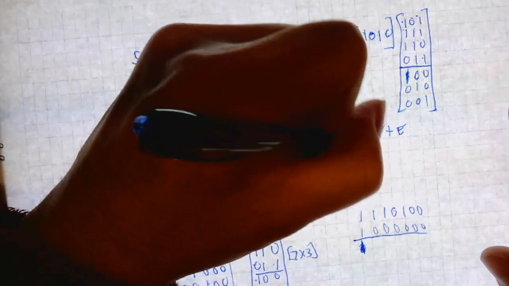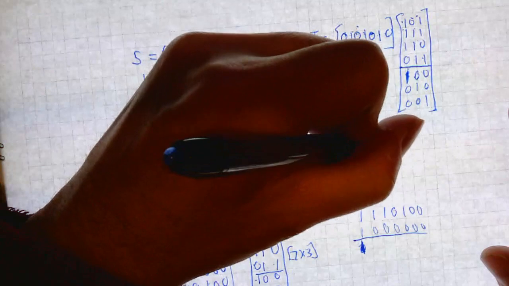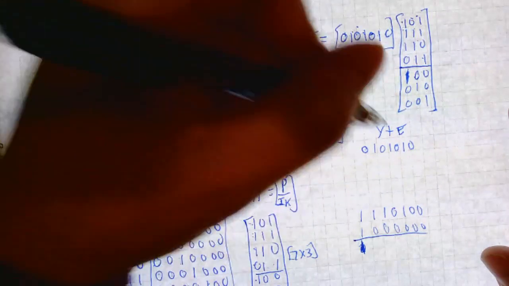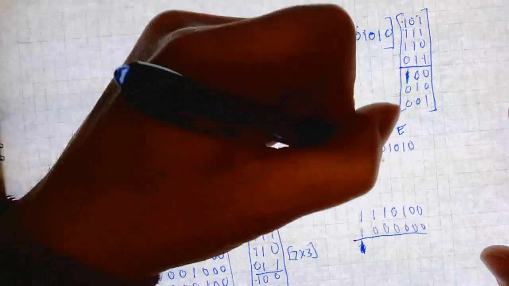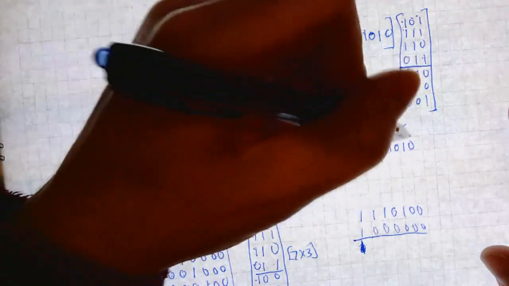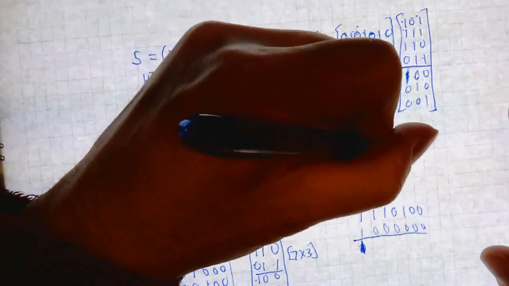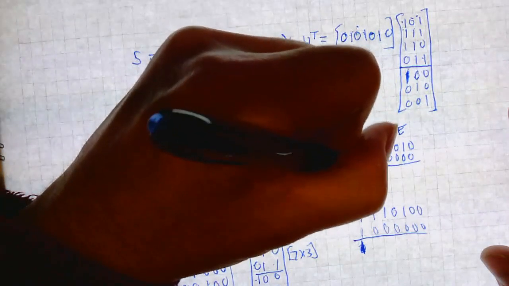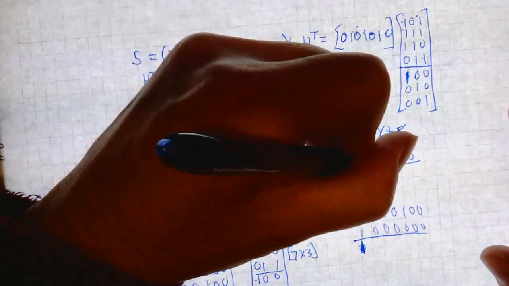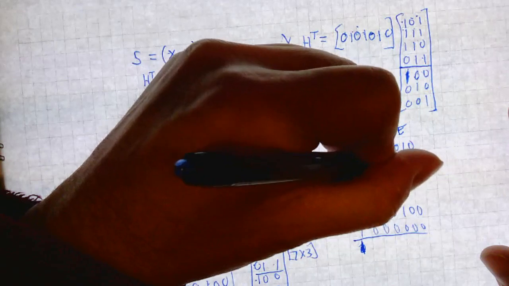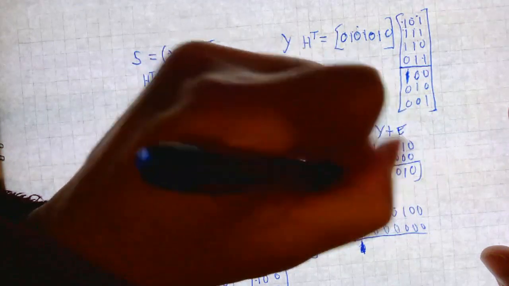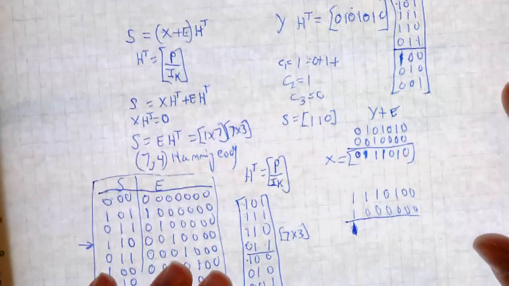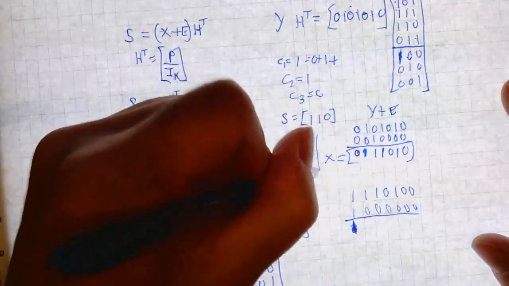And so that is now 0, 1, 0, 1, 0, 1, 0 with the error vector 0, 0, 1, 0, 0, 0, 0. And what do we get? 0, 1, 1, 1, 0, 1, 0. And that should be the original transmitted code word. Right down there.